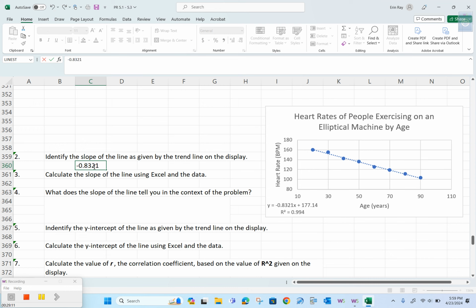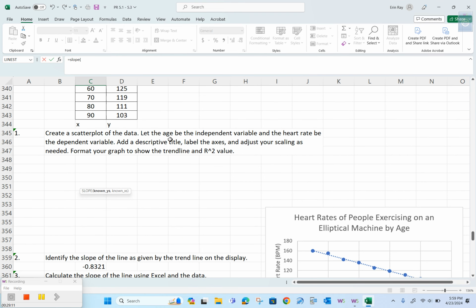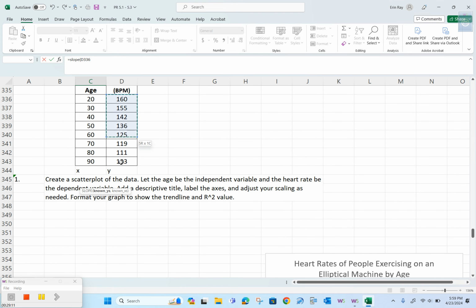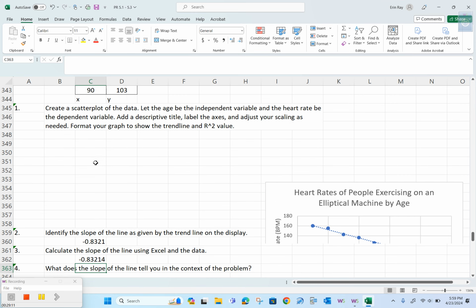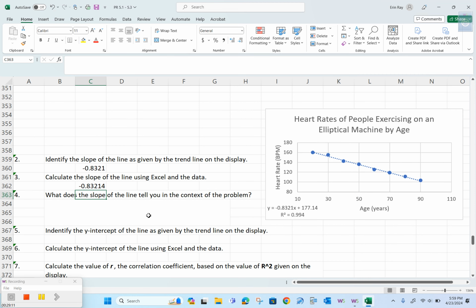If we calculate that with Excel, it's going to be the exact same number, but they may not show as many decimals on the chart. That's the benefit of calculating it in Excel: we have more accurate information. If we're making predictions, this version is going to be better than what shows up on the graph.